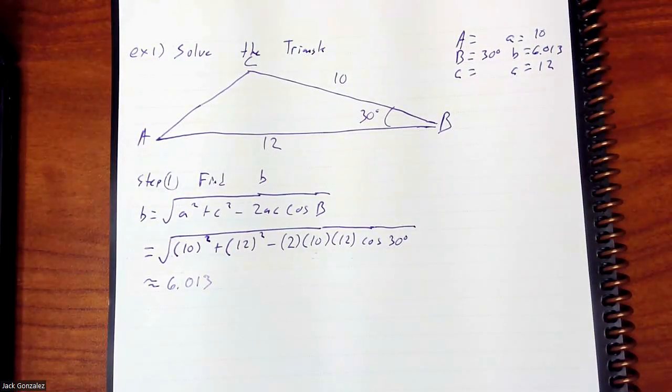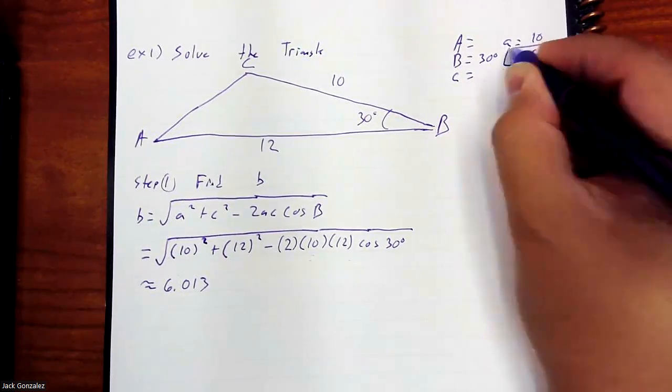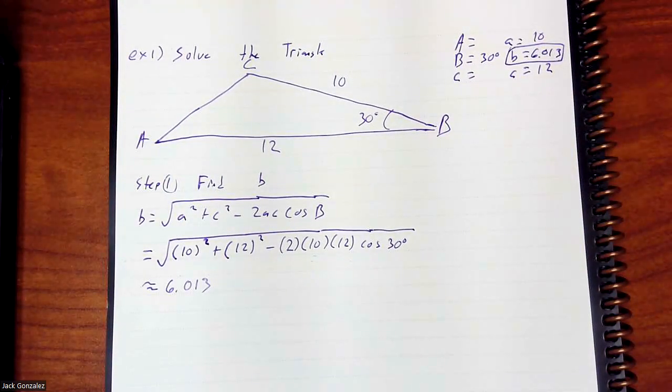Okay, so there's little b. We found this guy. So now we just find the angles. We have all three sides. Let's plug in the formulas.